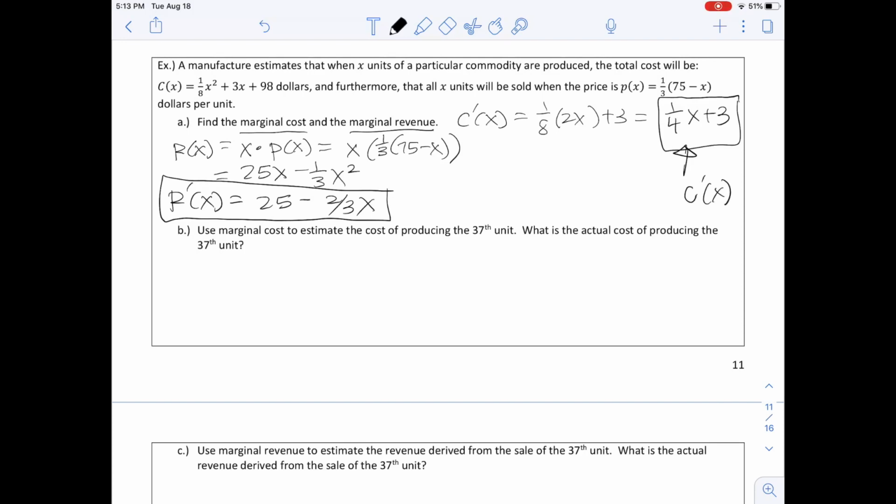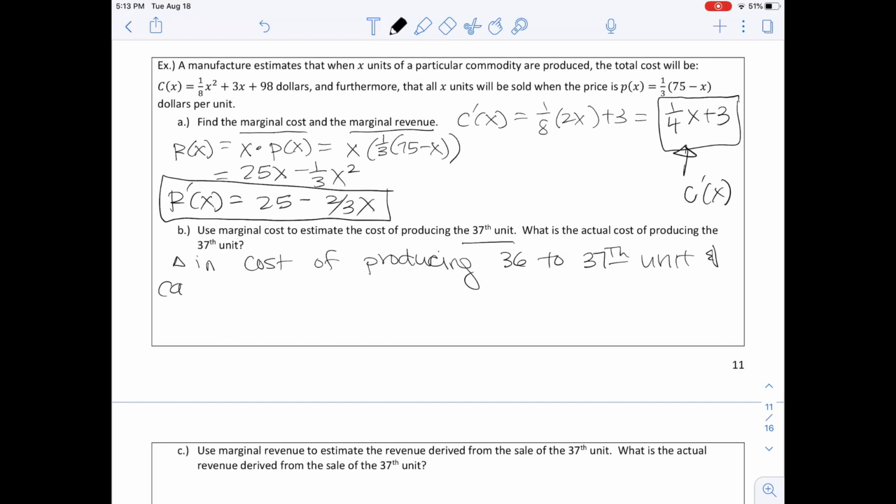Part B says use marginal cost to estimate the cost of producing the 37th unit. What is the actual cost of producing the 37th unit? And so we have to look at the change in cost of producing the 36th to 37th unit.